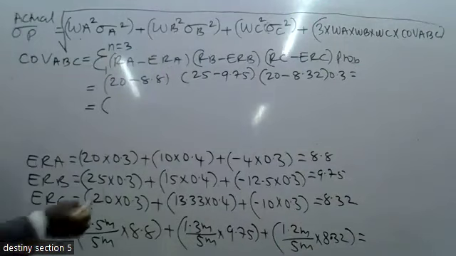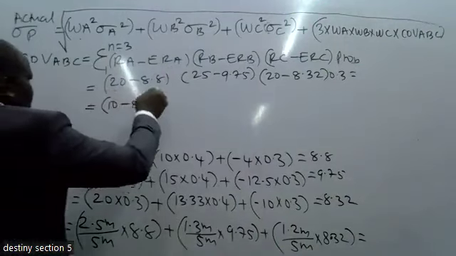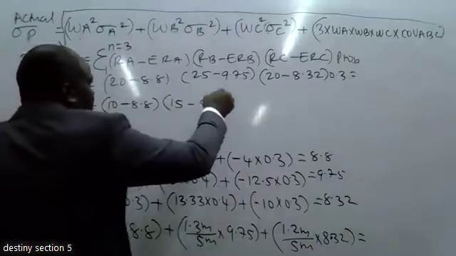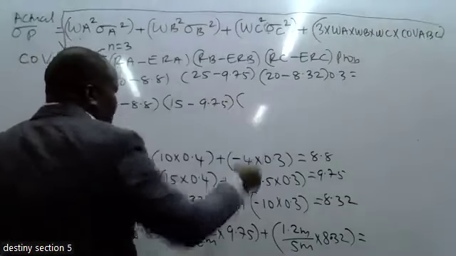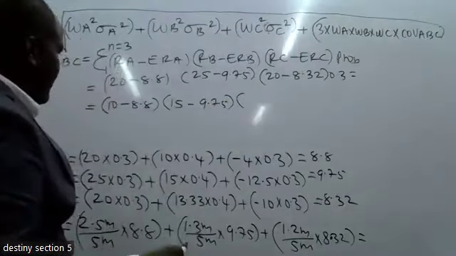Then you go to the next one. The second one, this one is 10 minus 8.8. Then 15 minus 9.75. Then the last one is 13.33 minus 8.32. Then 0.4.